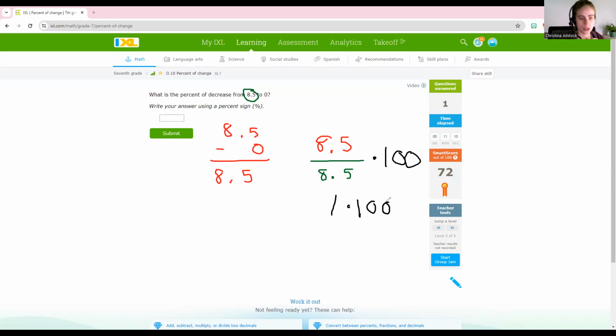Multiply that by 100, and we get 100%. But you know what? That makes sense, because if we started at something and went down to nothing, it decreased all the way. It decreased and it's gotten rid of everything it had to begin with. So it does make sense that our answer would be 100% in this case.